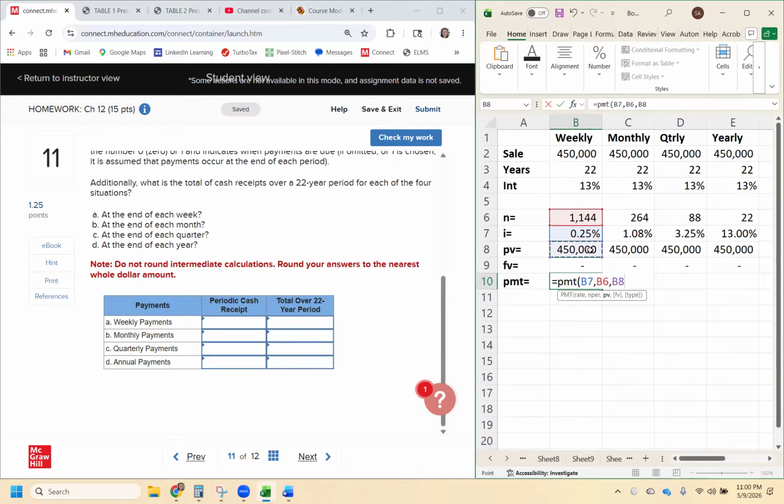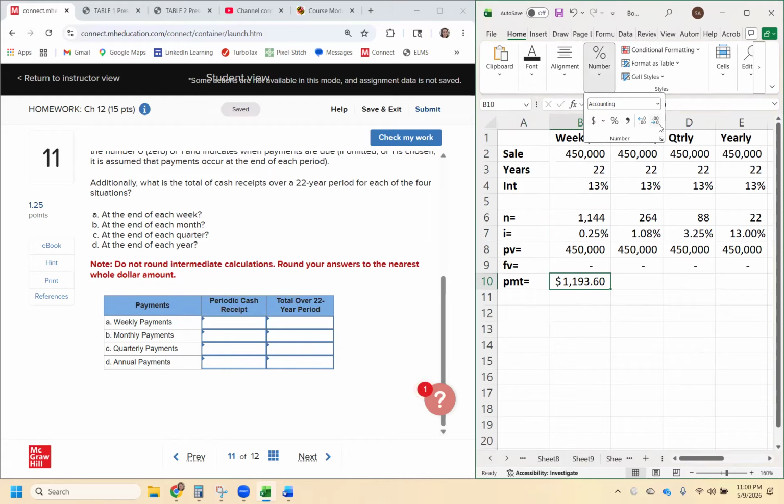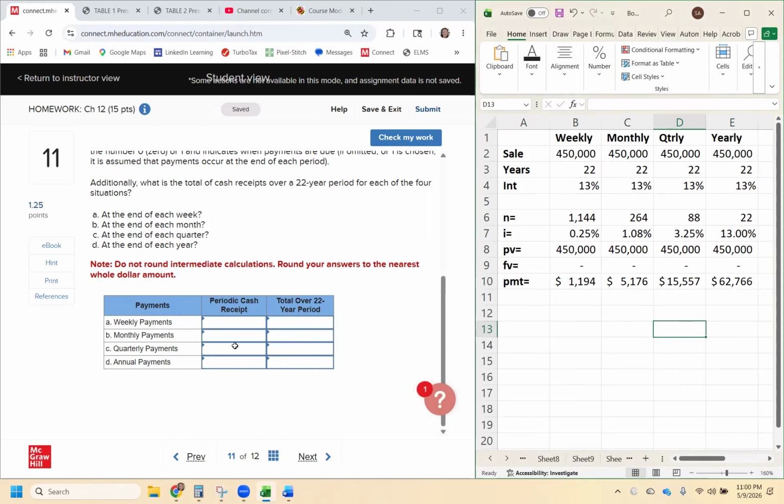Present value is this, and future value is that. And we need to make the present value negative. Okay, this is our payment amount. So that's it right there. And we can go all the way across. Okay, cool. That's how much our payments are.